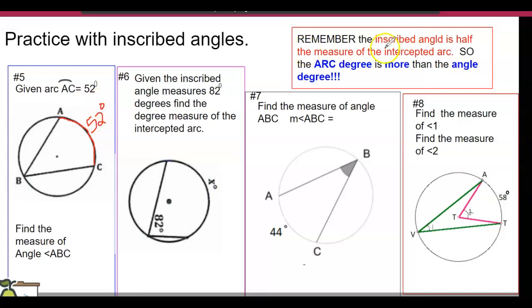And remember, the angle is half, right? Remember, the arc degree is more than the angle degree. The angle is less. So I'm going to divide 52 divided by 2 to find the measure of the angle. Go ahead and try that.